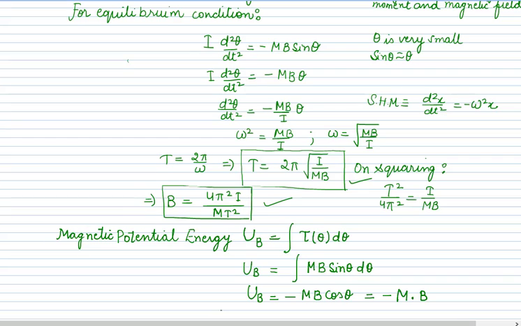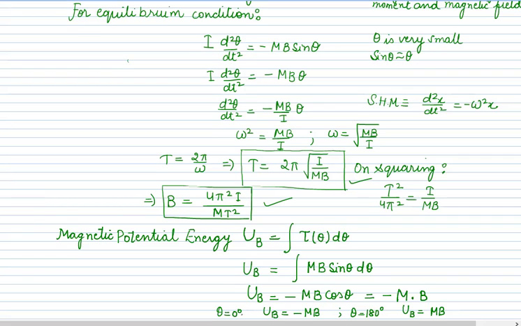So if you put theta is equal to 0 degree, because cos theta is 1, the magnetic potential energy will have the value minus MB. And if you put theta is equal to 180 degree, then cos 180 degree is minus 1. So you will have the magnetic potential energy as plus MB. So this is the minimum value of magnetic potential energy at theta equals 0 degree.